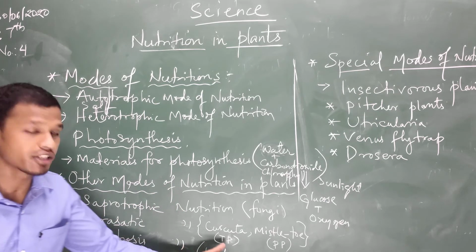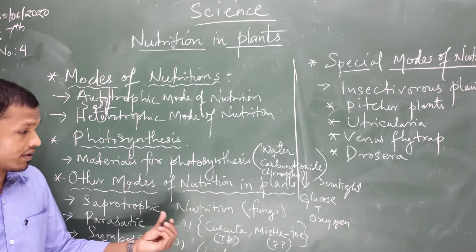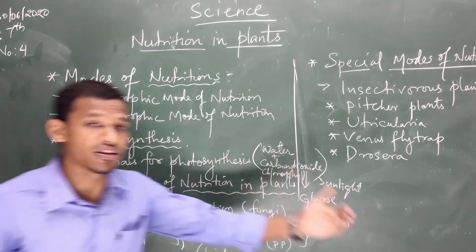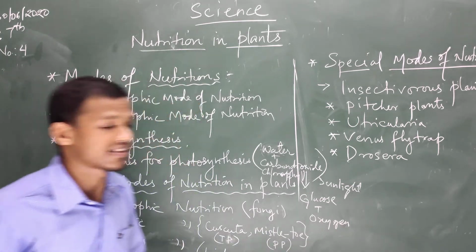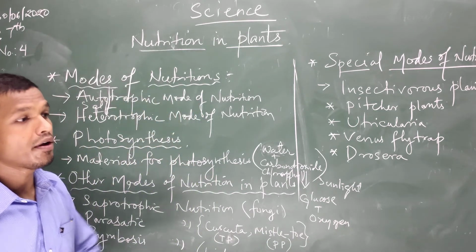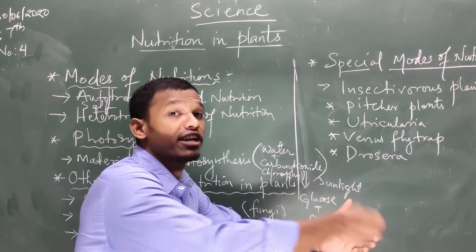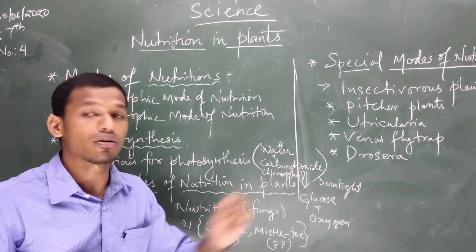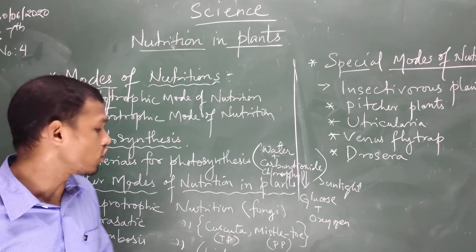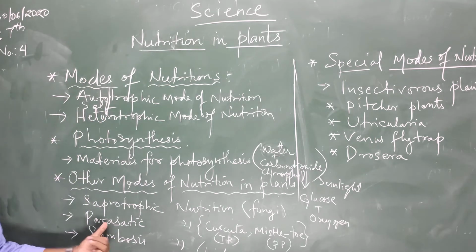Therefore, they are known as parasitic. The organisms which depend on others for food are known as parasites. And the organism from which they obtain the nutrition is known as the host. So they depend completely on other organisms for food and shelter.